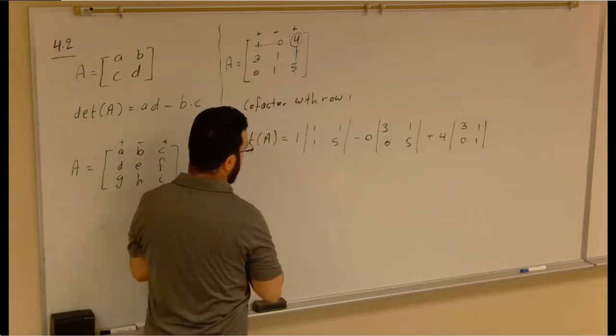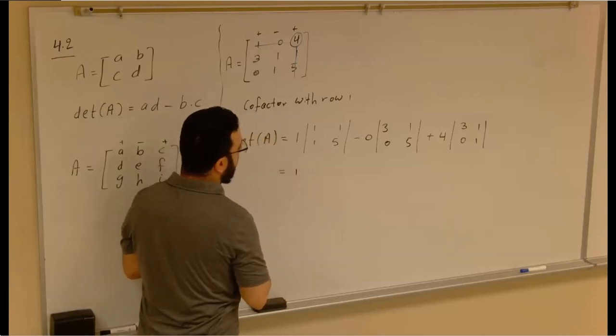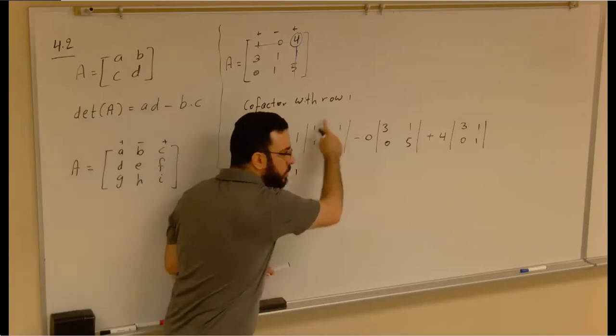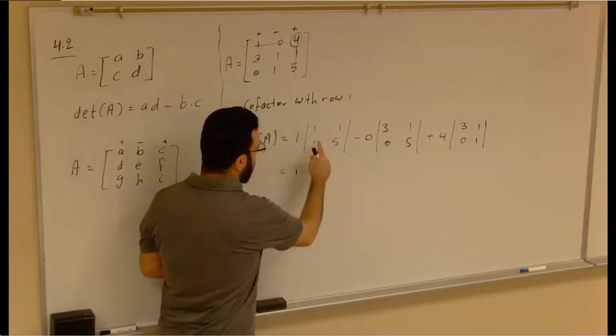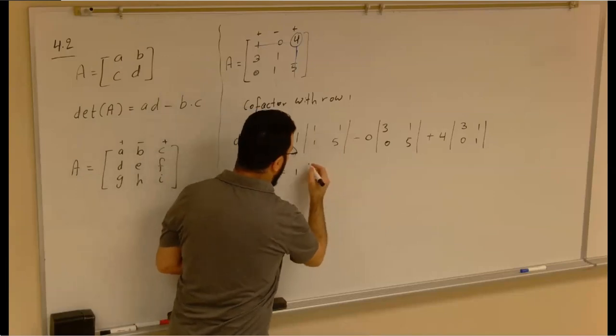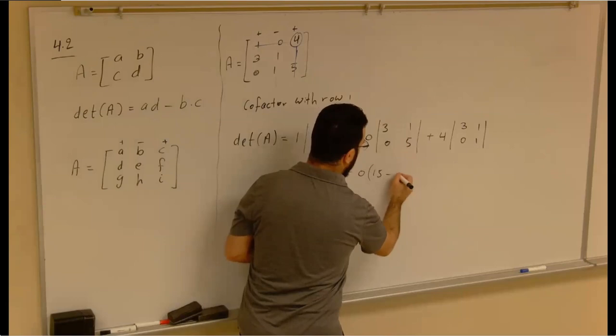Let's check. This is equal to 1 times, and these two lines mean the determinant of this small matrix, which is part of the original matrix. So it's 1 times 5 minus 1 times 1. Minus 0 times, 3 times 5 minus 0.